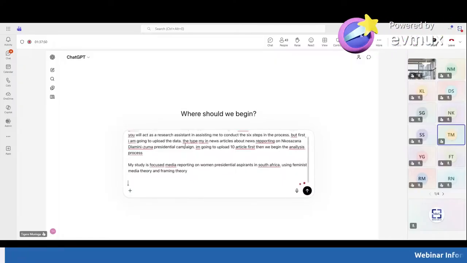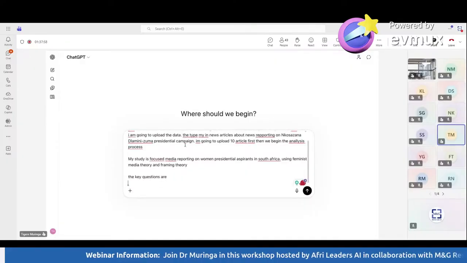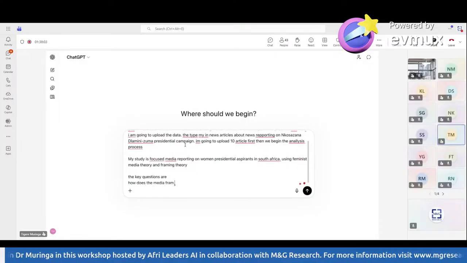The key questions that need to be answered by the data: the first one is, how does the media frame NDZ?